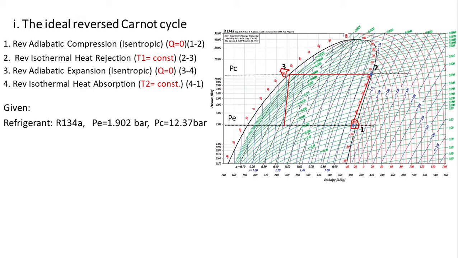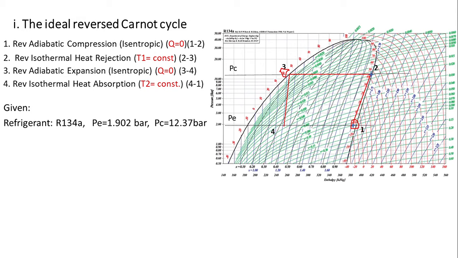It will be a line parallel to, just like, a constant entropy line, and the point where it meets the evaporator pressure will be 4.